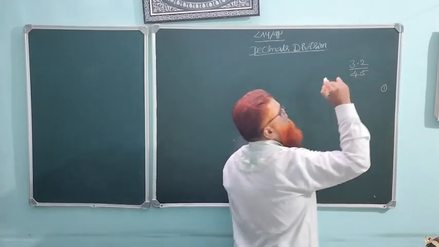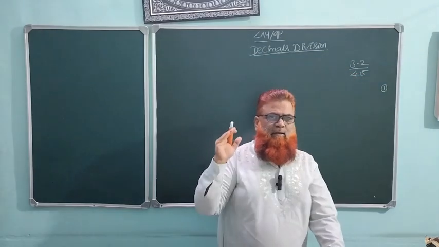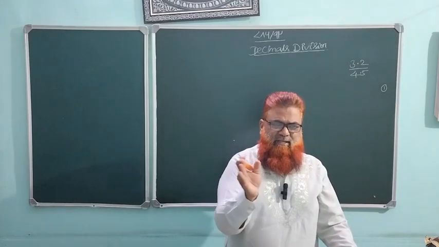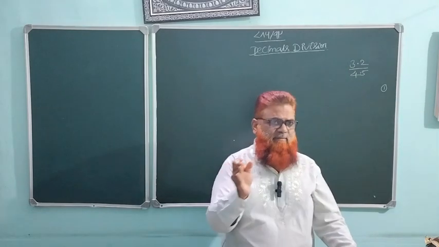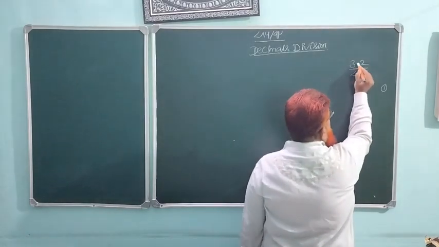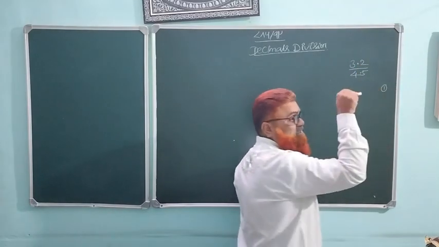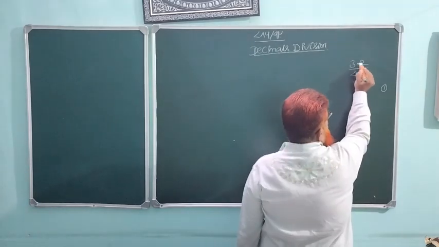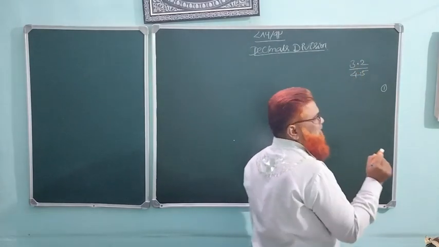One method: see whether the place of the decimal in the upper part and the lower part is equal or different. In the upper part, the dividend, the decimal place is 1. After the decimal there is 1 digit.